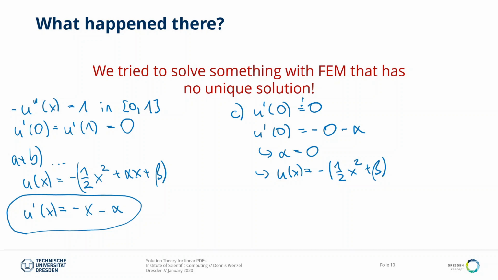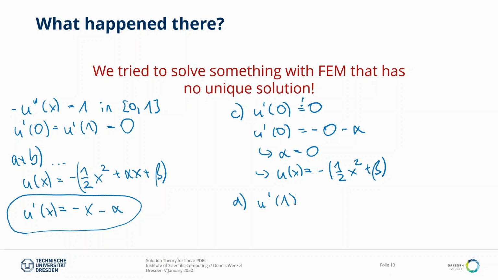And you see here now that this is quite problematic, because now we can't choose anything else, because the alpha has been chosen such that it fulfills the left side boundary condition. And the beta, well, that doesn't do anything good for us in terms of the boundary conditions with the derivatives, because it vanishes anyways. But now we could, of course, try out if this function fulfills the boundary conditions. Maybe we would be lucky.